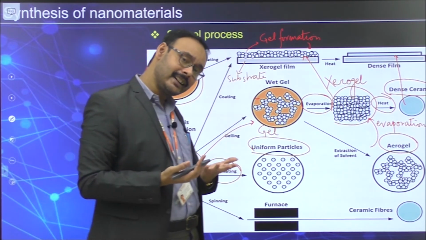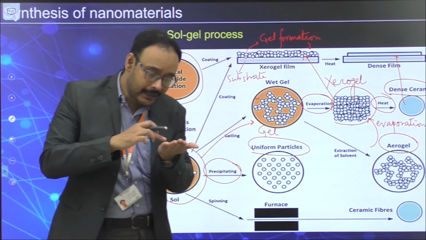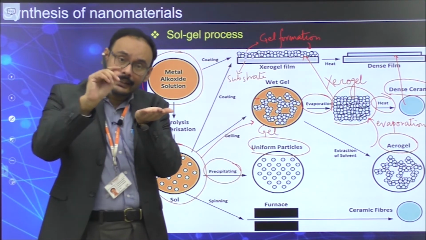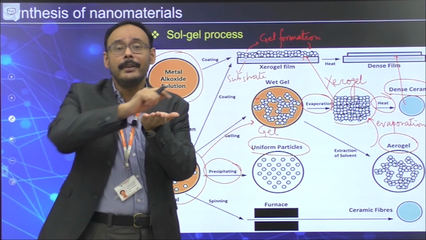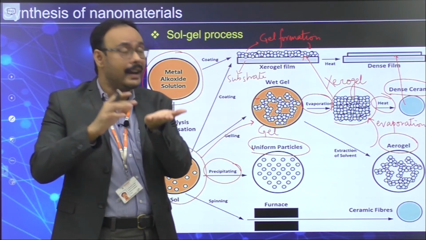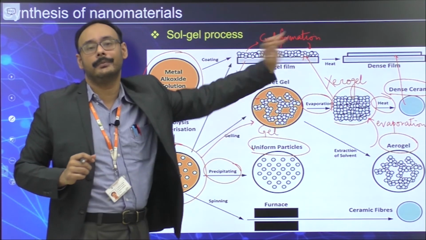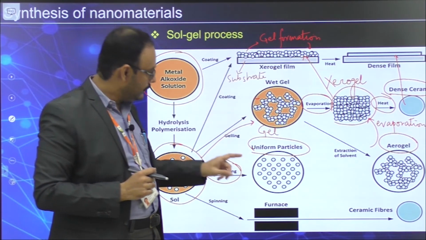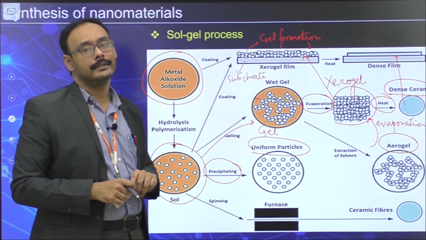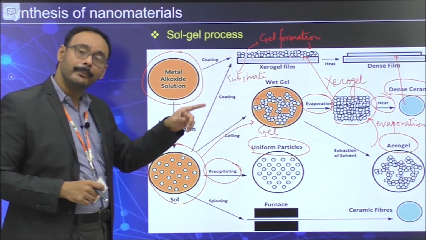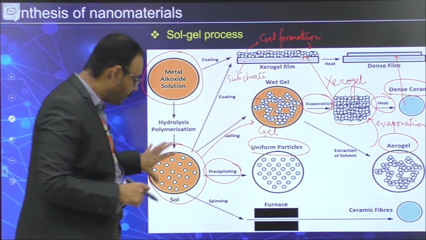Now that dense structure could be different, because the initial amount of sol that you have taken and the way you have distributed it on the surface is very different from any of the other ones we have talked about. So in that case, from that dense structure you are going to form ceramic fibers. So there are different ways of making things from just one sol.